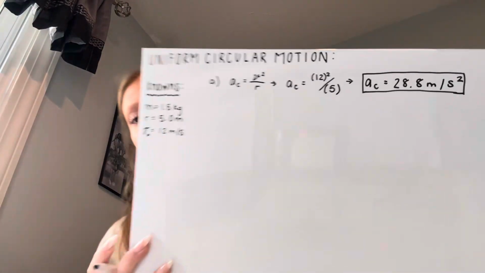So you can say a equals 12 squared over 5. And so ultimately that will give you an acceleration of 28.8 meters per second squared. So it'll look just like that.